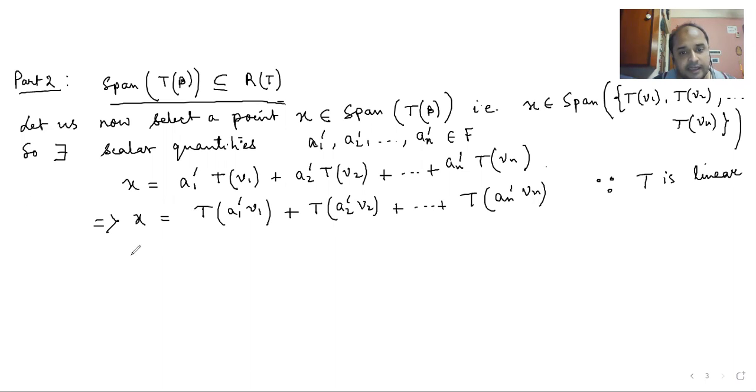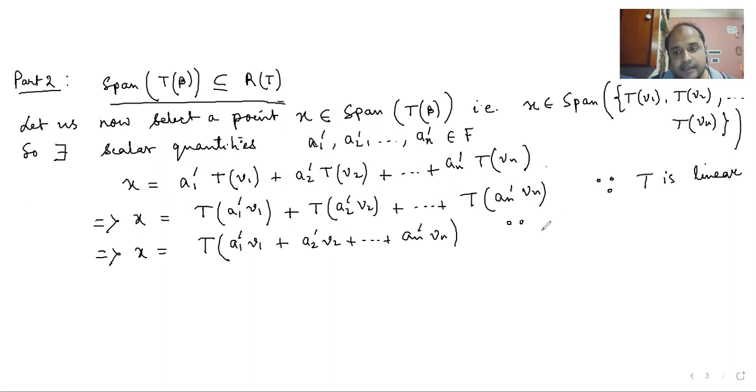And this can be written as x is equal to T of a1 prime v1 plus a2 prime v2 plus dot dot dot plus an prime vn, since T is linear.